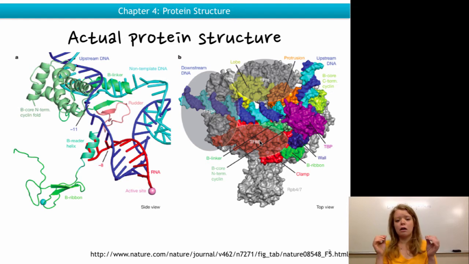And overwhelmingly, proteins in our cells are not single globular boring things, but multi-protein subunit complexes, whether they're homodimers or heterodimers.